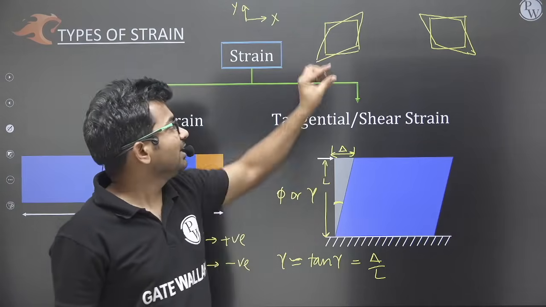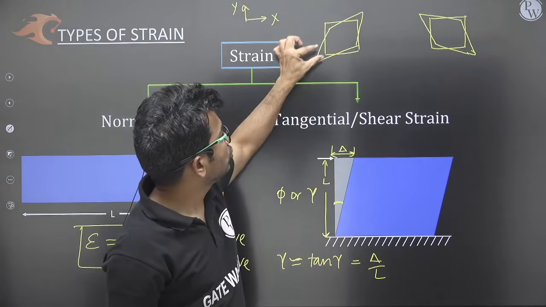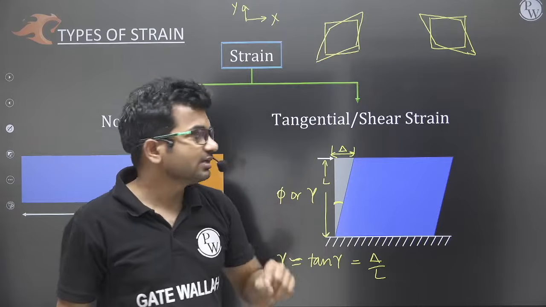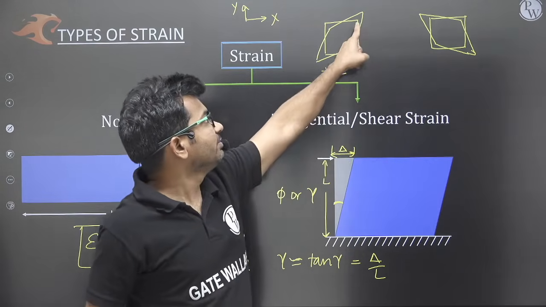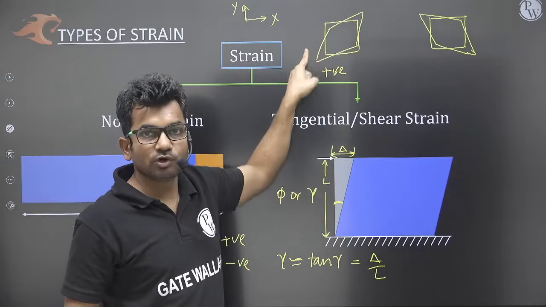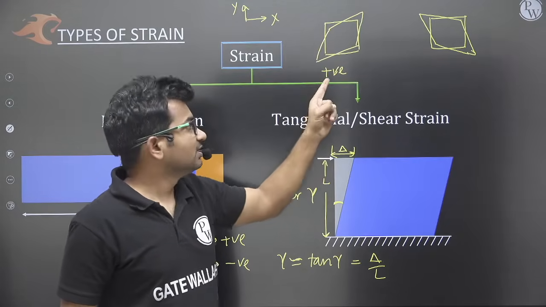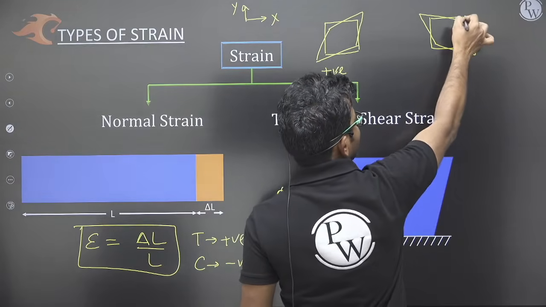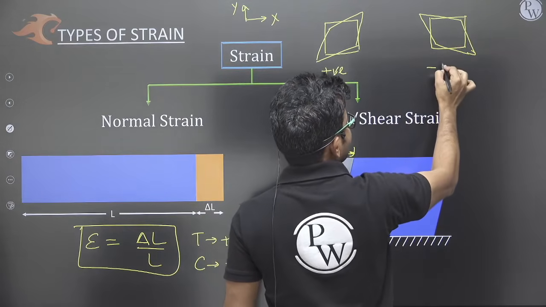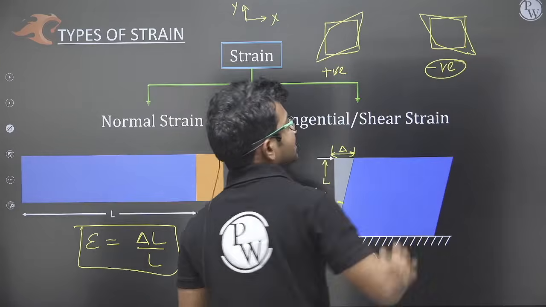When the angle between two positive faces or two negative faces is reducing, then it is called positive shear. And when the angle between a positive face and a negative face is increasing, then we call it negative shear.